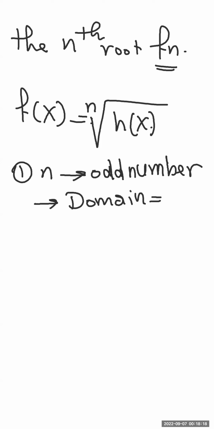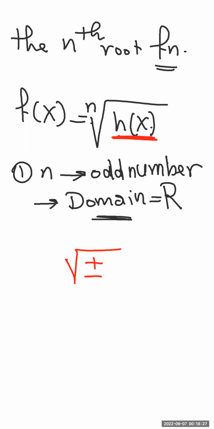Why? Because here, if h of x is positive or negative, and n is odd, this one is a cubic root.